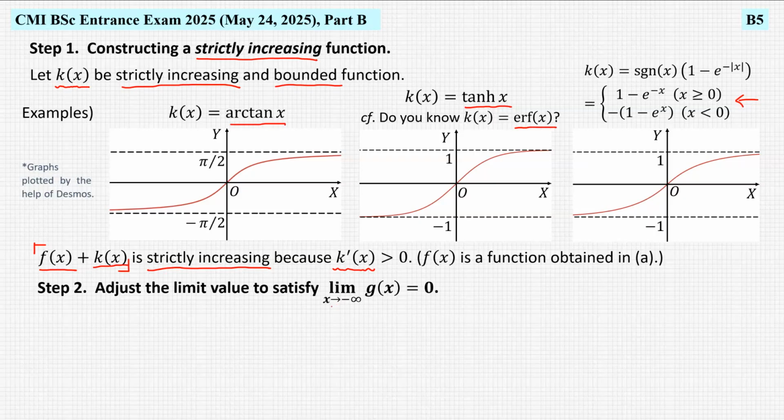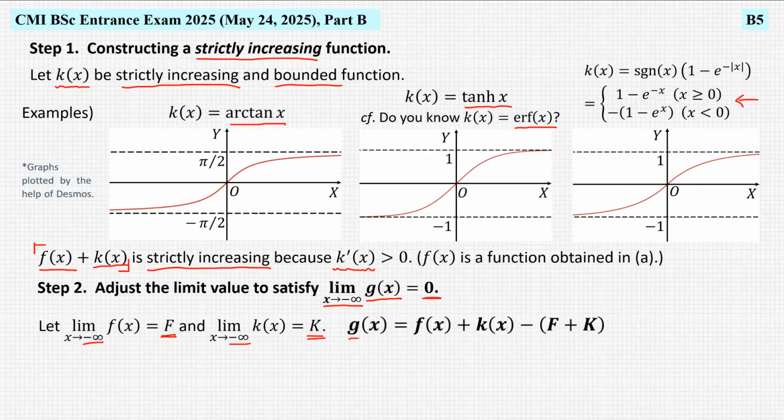Next, we need to adjust the value at negative infinity so that it satisfies the given condition that the limit of g of x at negative infinity becomes 0. This can be done as follows. Let us denote the limit values of f of x and k of x at negative infinity as capital F and capital K respectively.